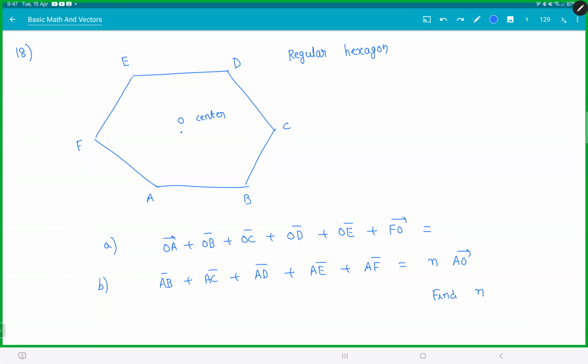Second one: I'm adding AB, AC, AD, AE, AF. I'm adding these 5 vectors. Then what is the resultant? Get the first one. I'll give you a minute. It's an easy one. But first you try. It's okay if you don't get an answer, but try something.